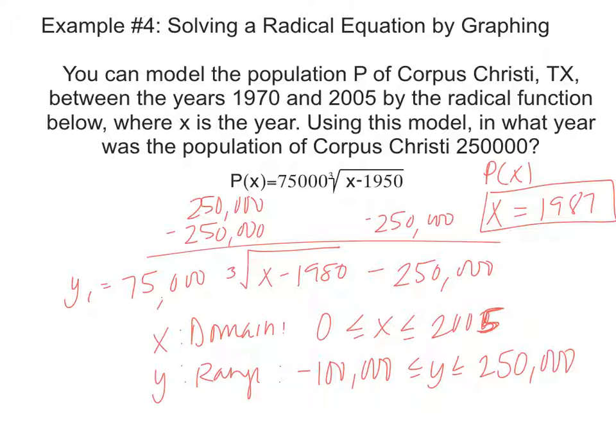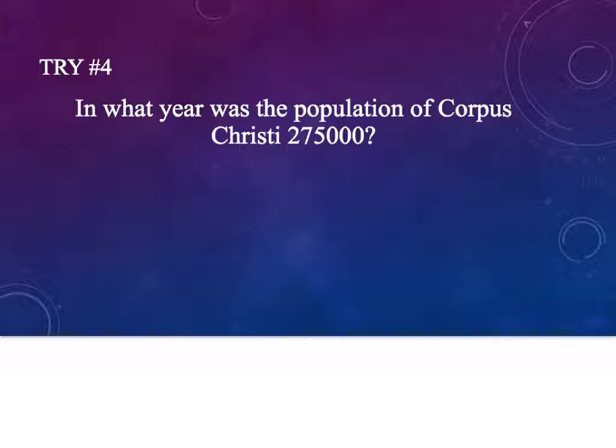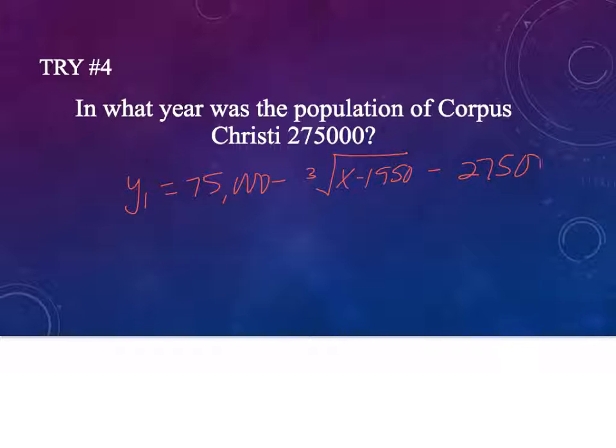All right, and that's it. Let's go ahead and do the try for that one. So it says, in what year was the population of Corpus Christi 275,000? So again, you do the exact same thing. In your calculator, your Y1 is going to be 75,000 minus the cube root of x minus 1980, minus 275,000. And that shouldn't be a minus right here.